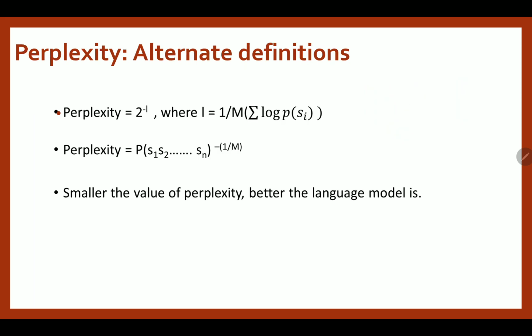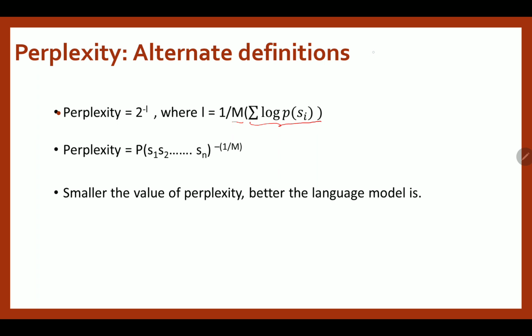In the literature we often have different definitions, but the most common way to express perplexity is 2 to the power minus L, where L is the average of the joint log probability which you have considered, and capital M counts the total number of tokens present in all of these sentences together.